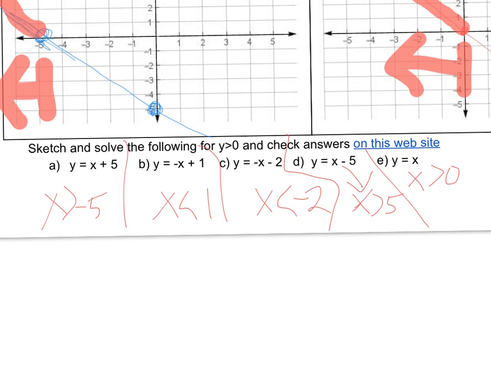I know this is grade 9 level work, but I have noticed in the past that sometimes kids have forgotten a lot of things from grade 9, and being able to graph and work with the straight line is probably the most important concept you need to be successful in grade 11 and 12 in terms of going back and making connections. So please take the 10 minutes it's going to take to do this, and we'll go on from there. Have a great day.